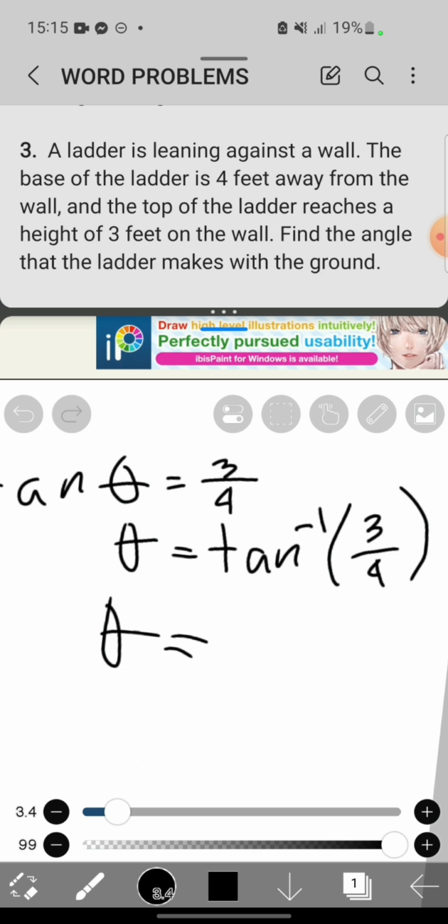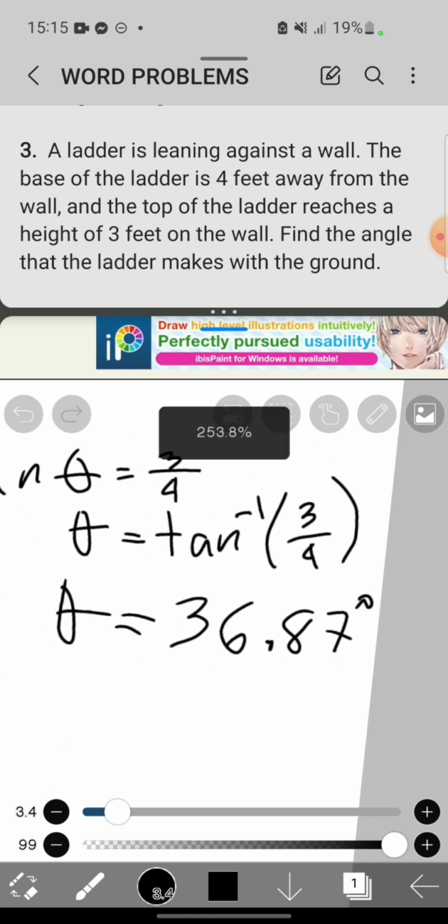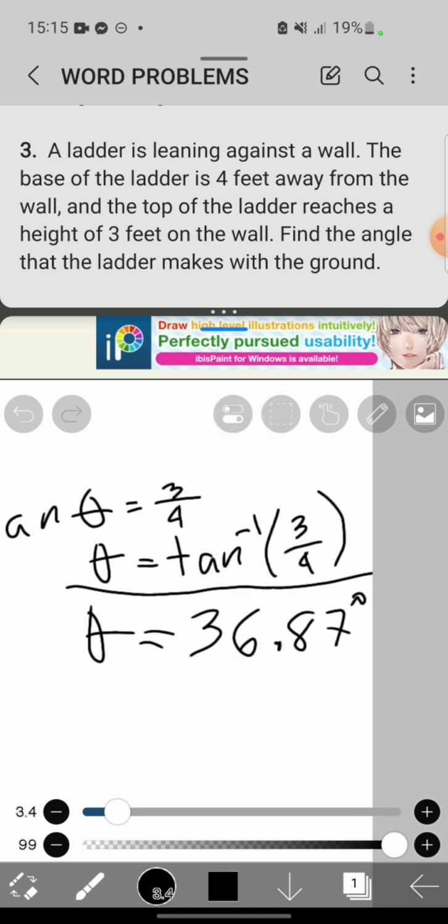So we can get 36.87 degrees. So this is the answer.